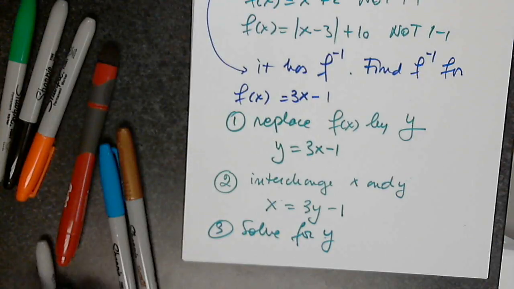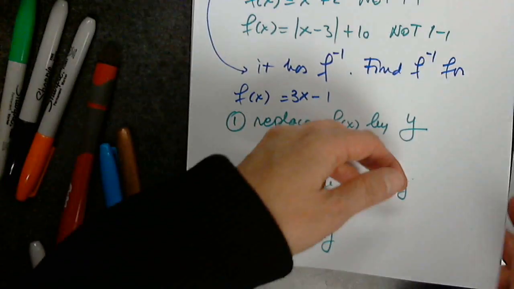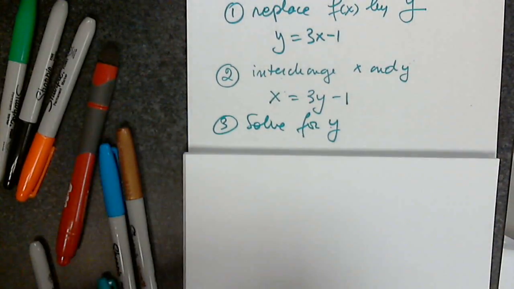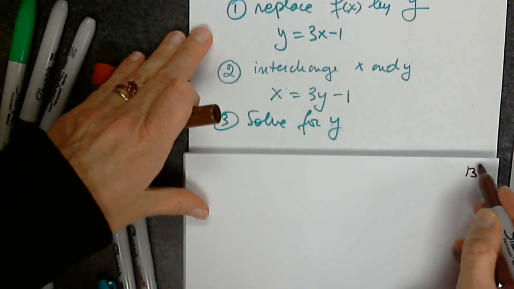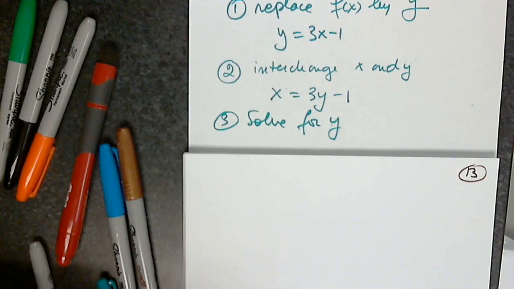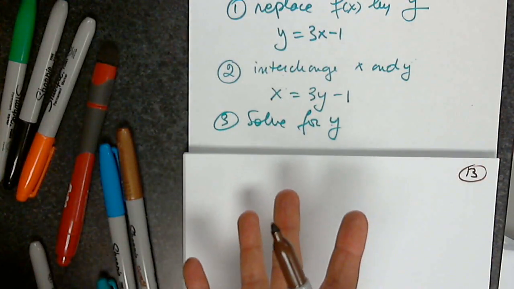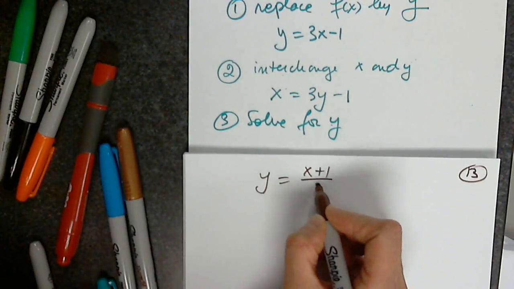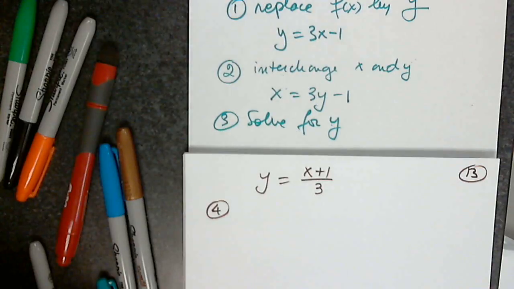This is a linear equation. How do I solve for y? I add, and very good. So y equals x plus 1 divided by 3. And the procedure is done.